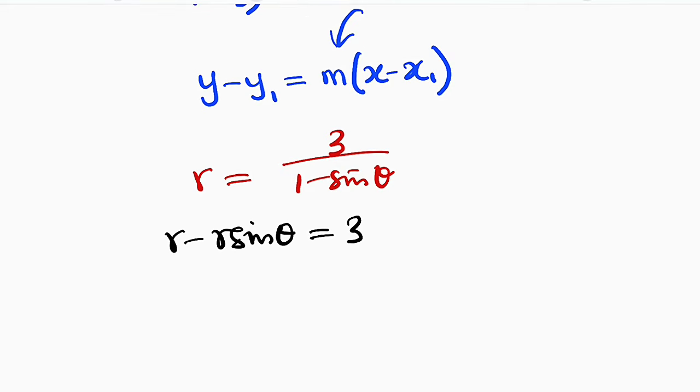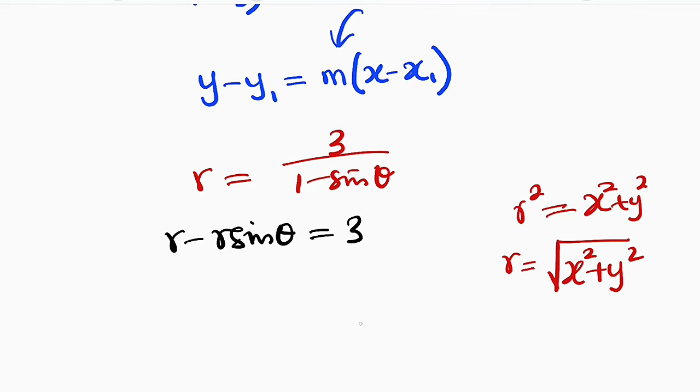One thing you should remember about r is r squared is equal to x squared plus y squared. Therefore, r, remember, it is a length, so it should be positive, will be the square root of x squared plus y squared. So we can replace r with the square root of x squared plus y squared, minus r sine theta, remember it is equal to y, and this is equal to 3.